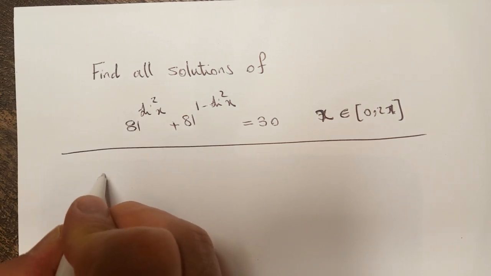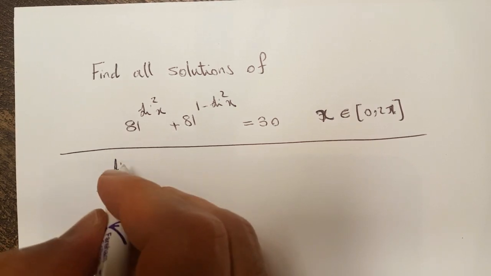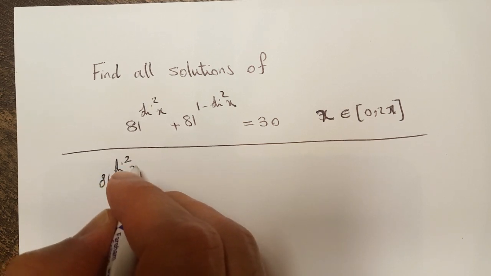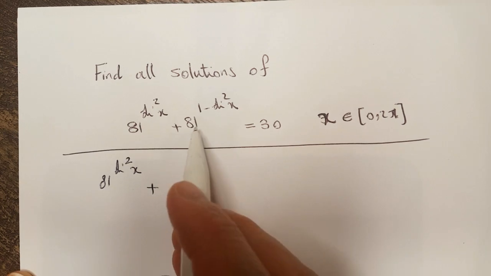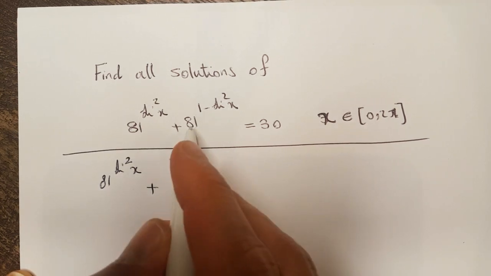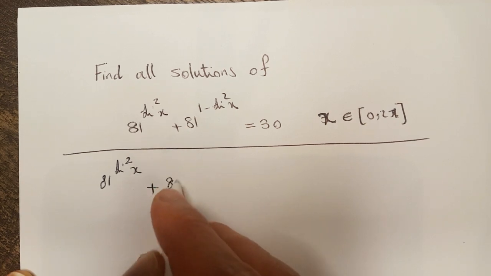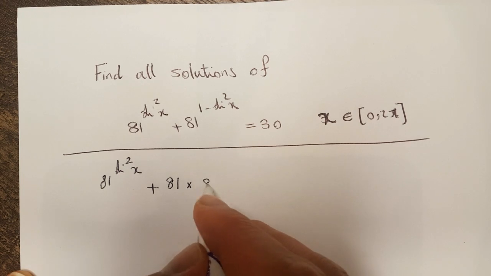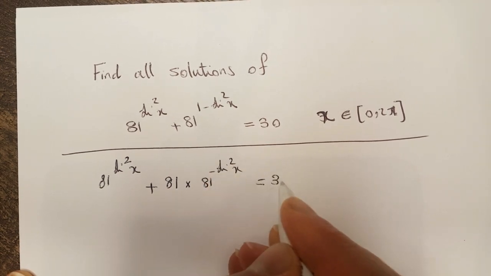So we'll keep the first term as 81 raised to the power of sine squared of x, and let's decompose the second term. So we have 81 to the power of 1 minus sine squared, so it is going to be 81 times 81 to the power of minus sine squared of x equal to 30.